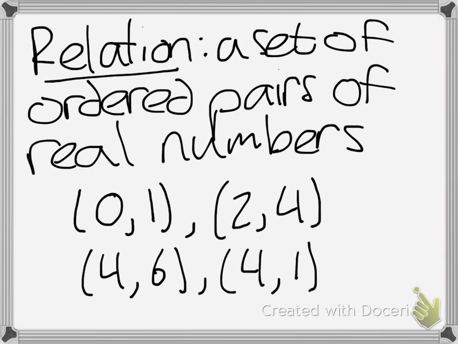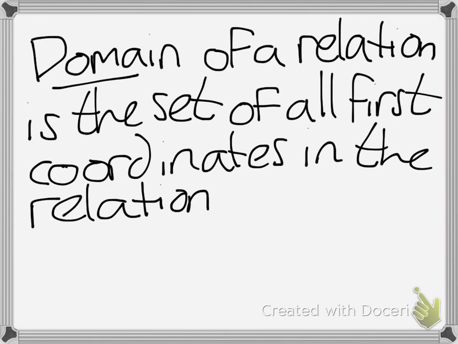A relation is just a set of ordered pairs of real numbers. For instance, I have this relation: (0, 1), (2, 4), (4, 6), and (4, 1). The domain of a relation is the set of all of the first coordinates in the relation.